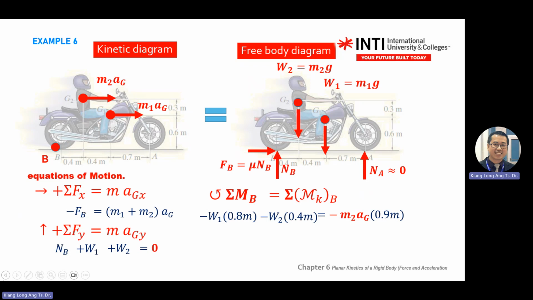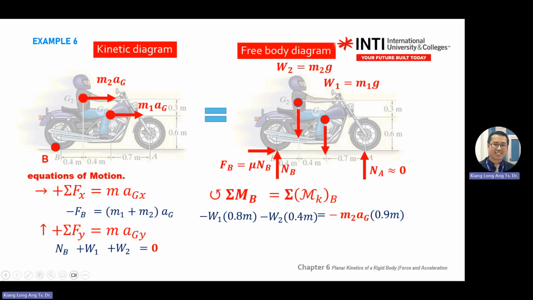So actually this one got 2: M1 AG plus M2 AG. But because AG is the same, you can factor out the AG. Initially you can write 2 components here, but because they are sitting together, acceleration same, you only combine the mass.